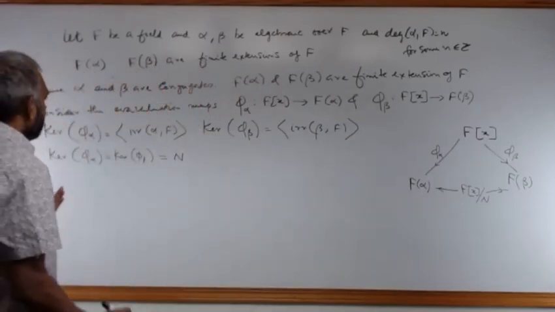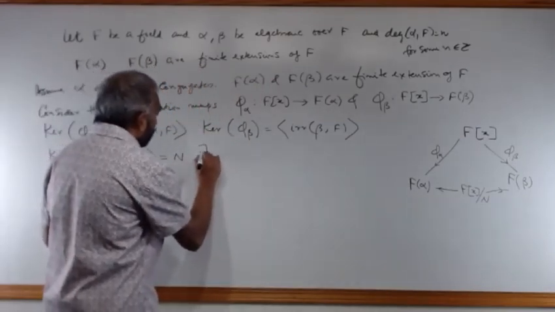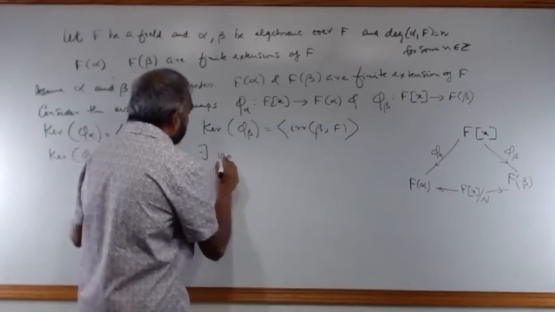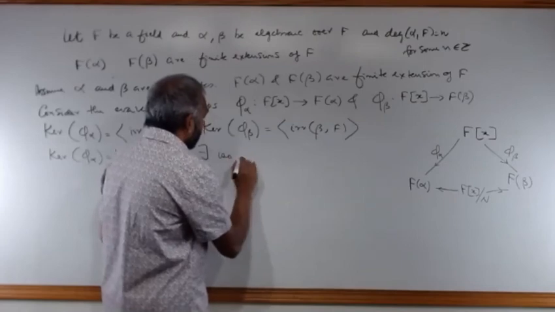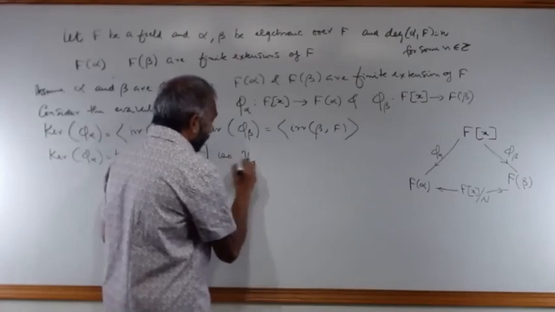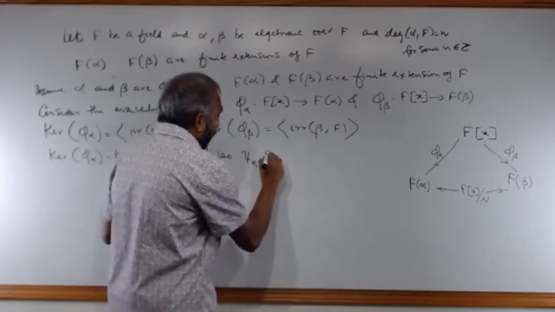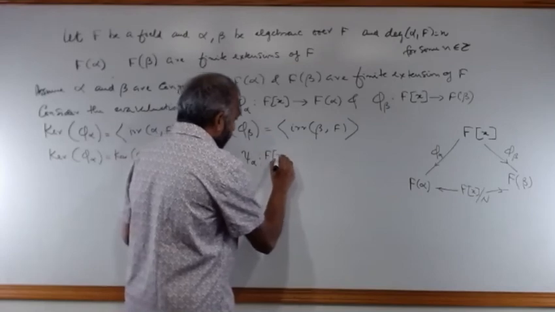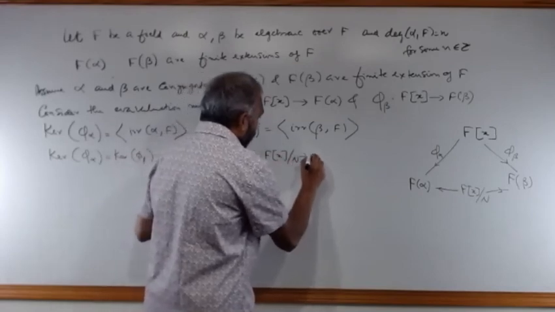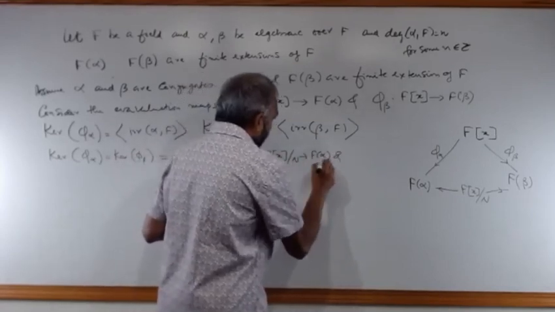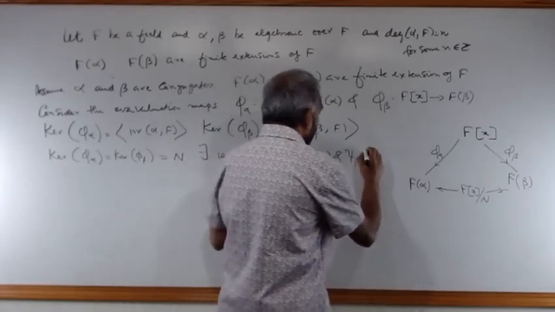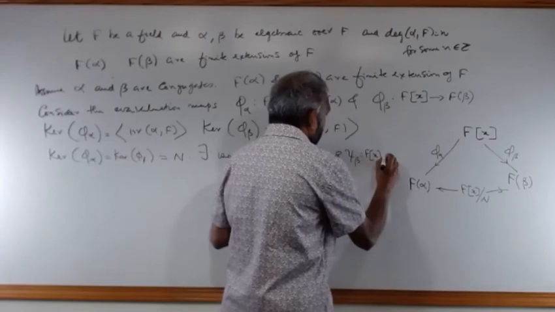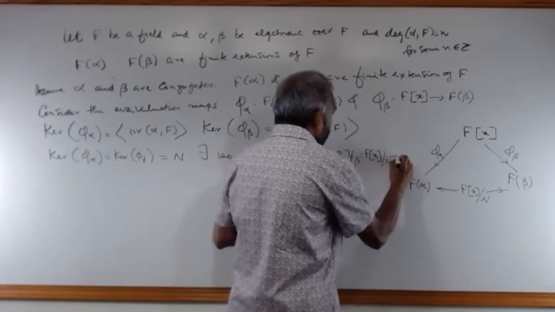Right? So there exists an isomorphism, let's call it psi alpha, from f of x over n to f of alpha, and psi of beta from f of x over n to f of beta.